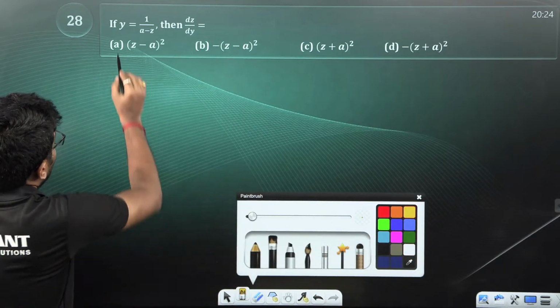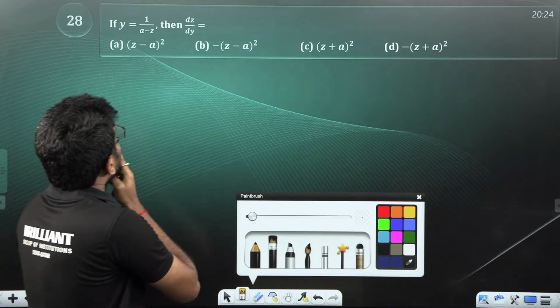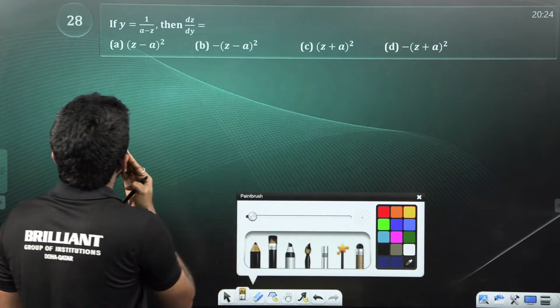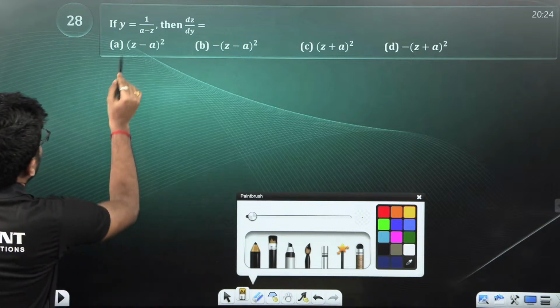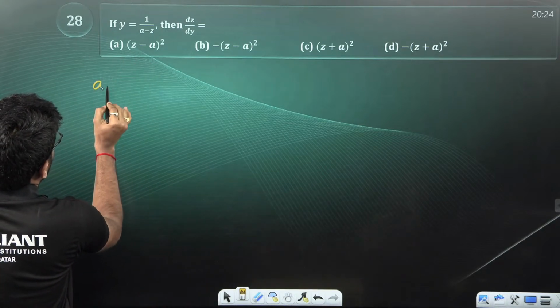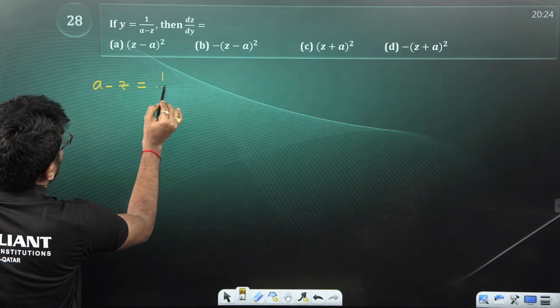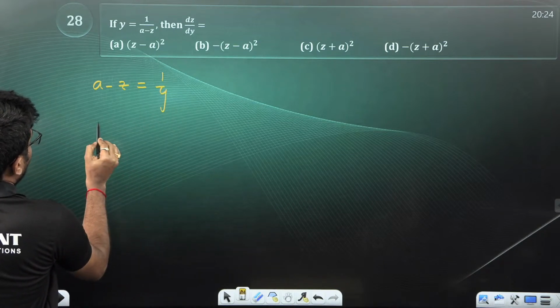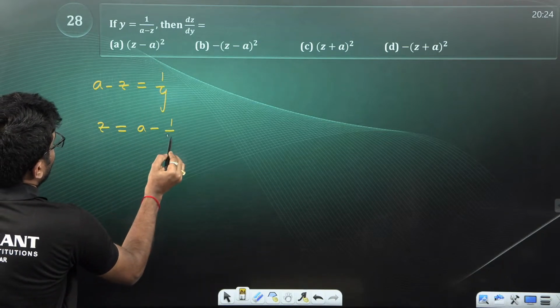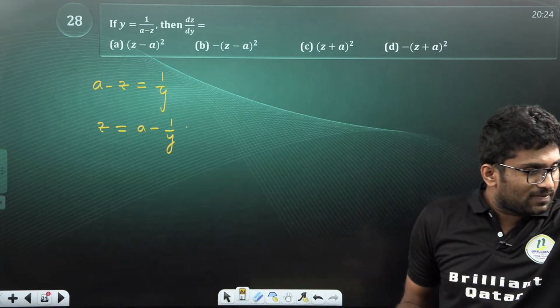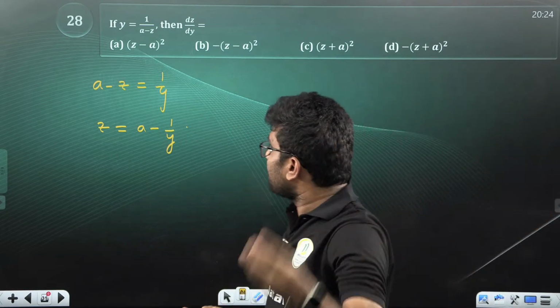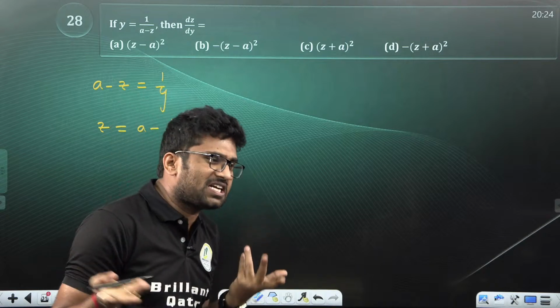Y is equals to a minus z, and they are asking us to find dz by dy. Can we write this as something like this? A minus z is equals to 1 by y. Now z is equals to a minus 1 by y. Now you can differentiate z with respect to y.